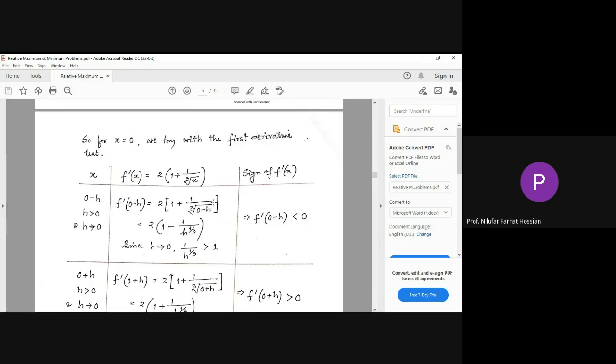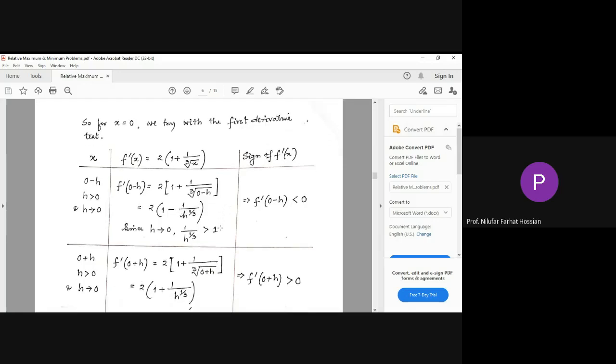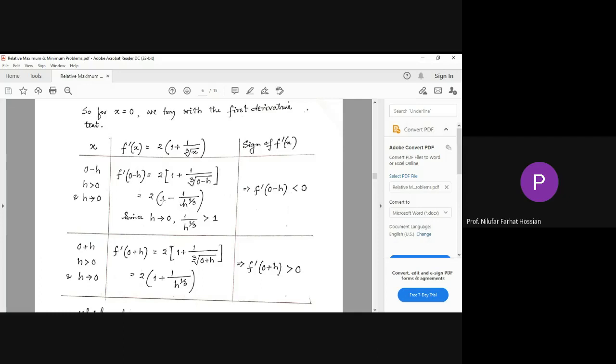So what will be the sign of this term? You see, 0 minus h means cube root of minus h. h is positive, so minus h is negative. So cube root of minus h will be a negative number, and the expression will be like this: 1 minus 1 by h to the power 1 by 3. Now, what will be the sign of this whole thing? It will be negative. Why?